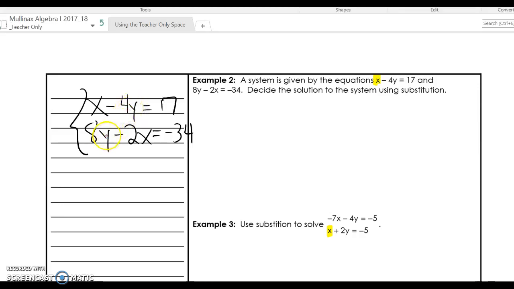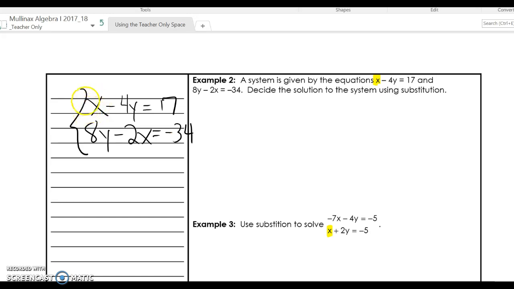Well, both of my y values have a coefficient. Y here has a coefficient of 4, and 17 and 1 are not divisible by 4. My y value here has a coefficient of 8, and 2 and 34 are not divisible by 8. So solving for y would result in fractions. It's doable, but it's not suggested because let's not work with fractions unless we have to.